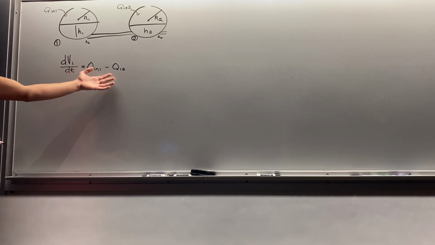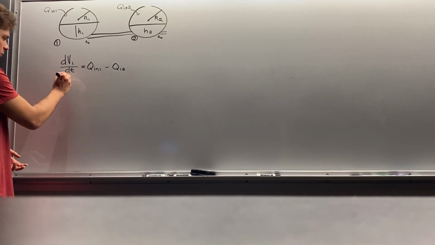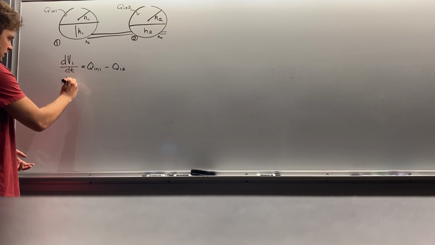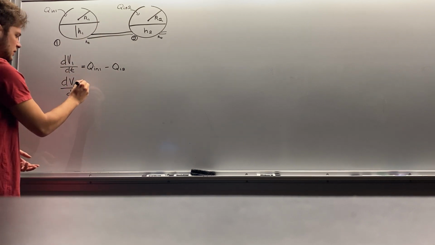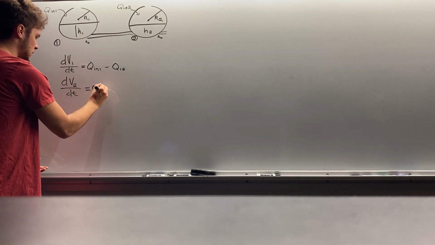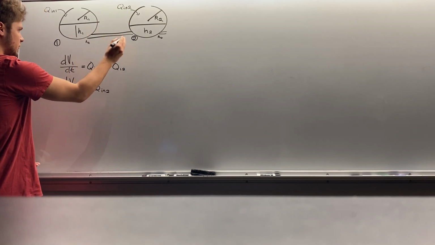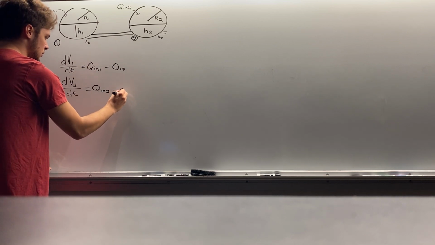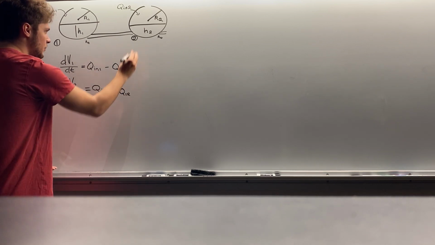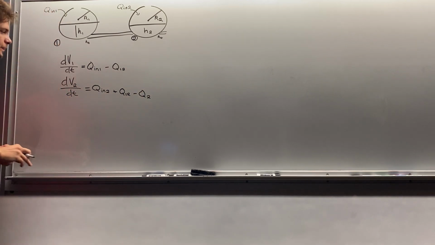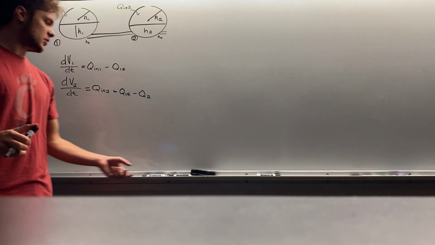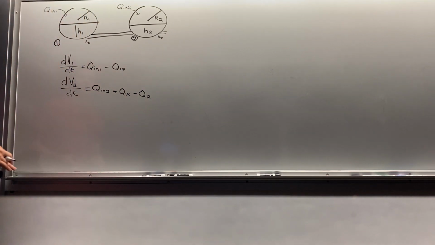So that will be how we can calculate our change in volume for tank 1, and similarly for tank 2, we can calculate it with our flow coming in, so Q in 2, plus our flow coming from tank 1, Q1,2, minus the flow leaving tank 2, Q2. There. Those are our equations to find our change in volume.